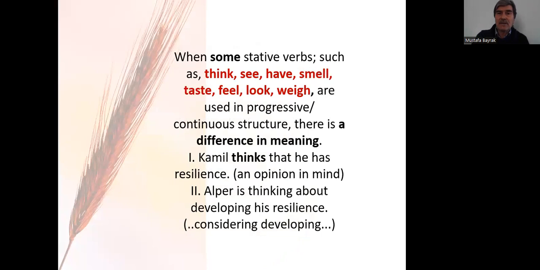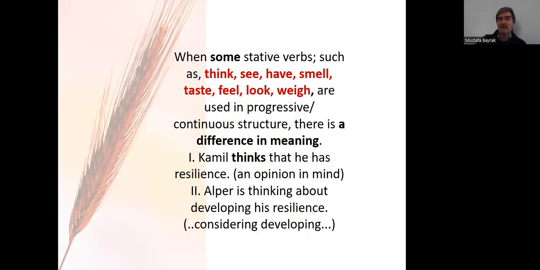When some stative verbs such as think, see, have, smell, taste, feel, look, weigh are used in progressive, continuous structure, there is a difference in meaning. There is a change in meaning. How? Like this. For example, Roman number 1.